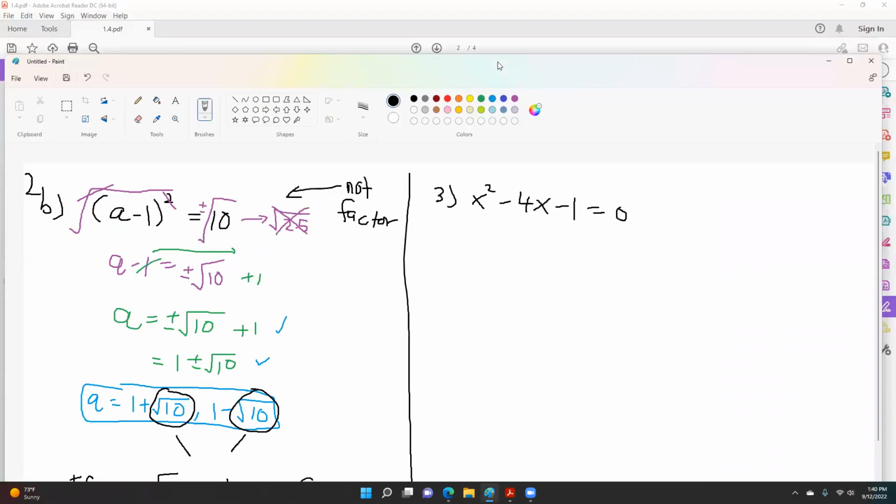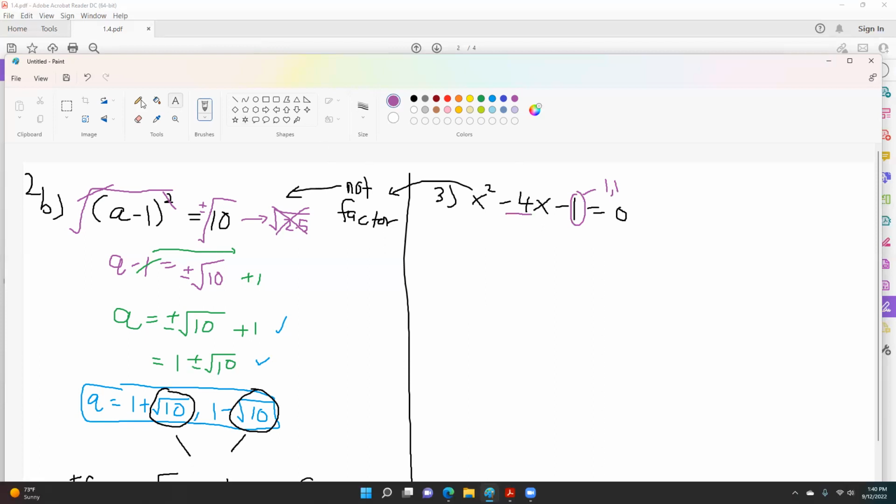Now, we know that we cannot do factoring here. The reason we cannot factor here, the first method, is because you cannot factor this. Can someone tell me what times what is 1? 1 times 1. But can you get a -4 using 1 and 1?